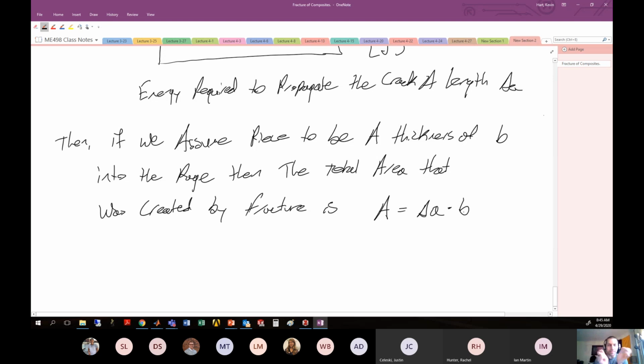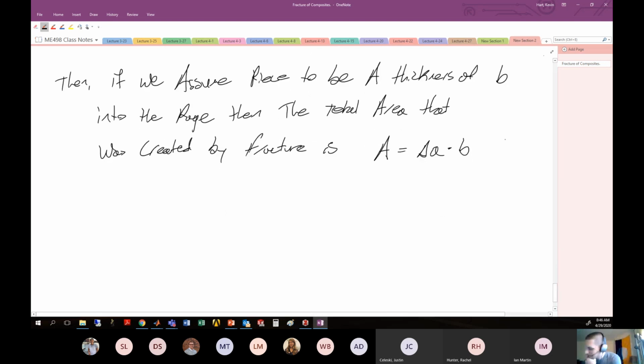It propagated some amount, delta A, and if that's consistent across the thickness or across the width of the piece, then the total area that you opened up when you did that fracture is delta A times the width into the page, which is B. So this will have units of meters squared. Yes, area in meters squared. Woo! Past 7th grade. Good job.